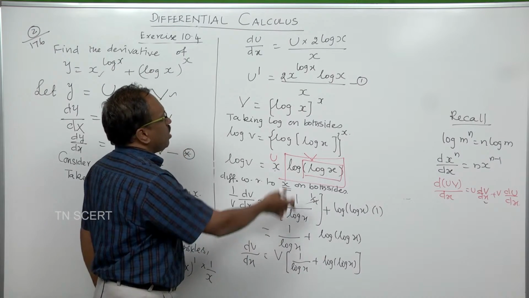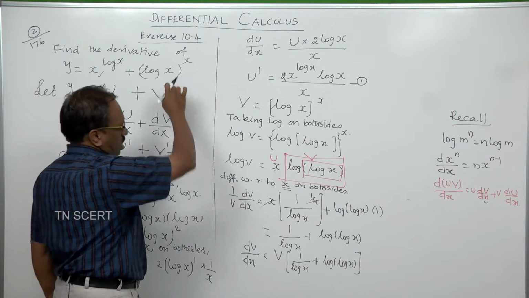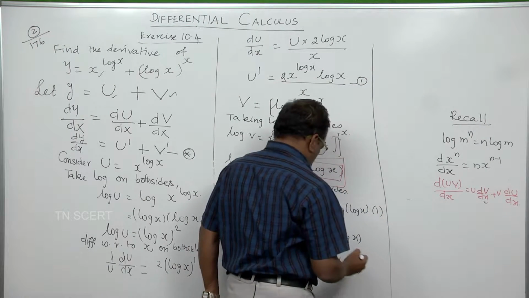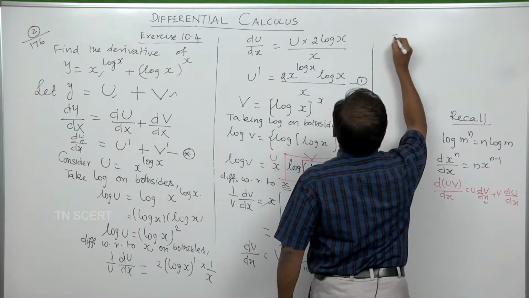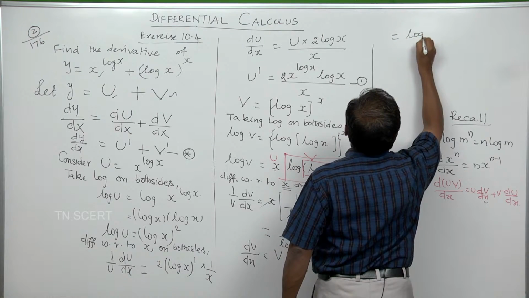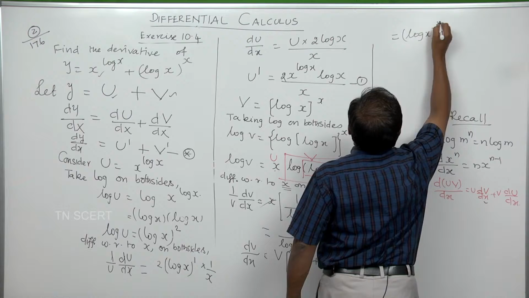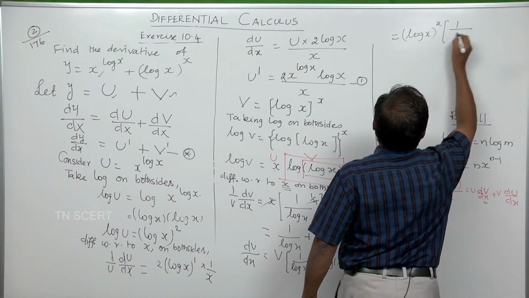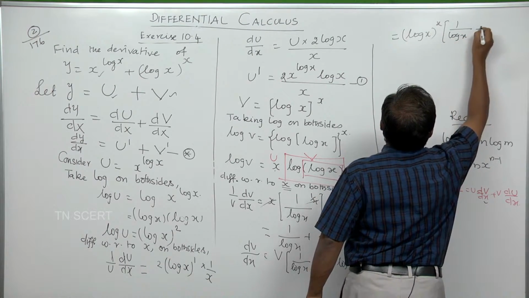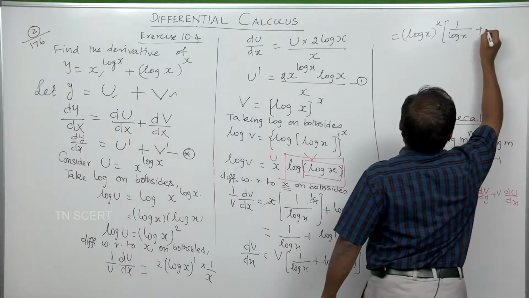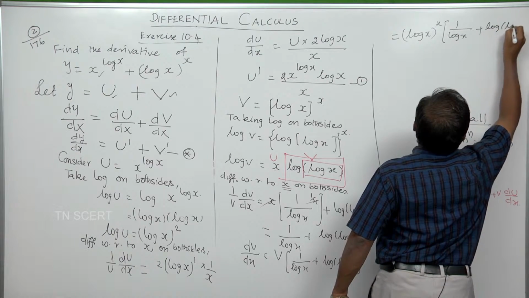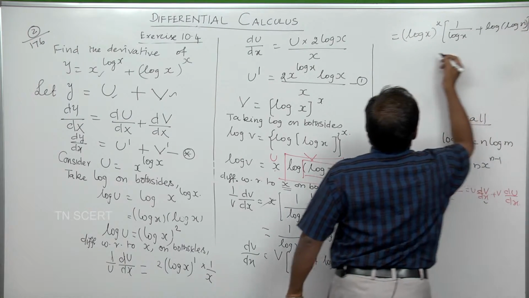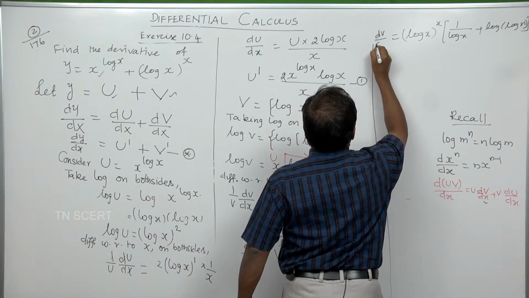We can rewrite v as log x whole power x, and this term 1 by log x plus log of log x. So this is nothing but dv by dx.